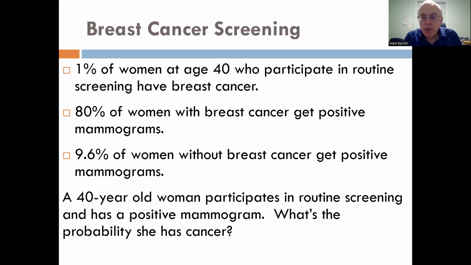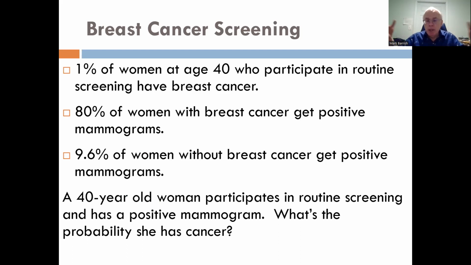It's not all women. So women who participate in routine screening, 1% of those actually have breast cancer. That's the trick here. The routine screening is not a conditional probability. It is the population itself.